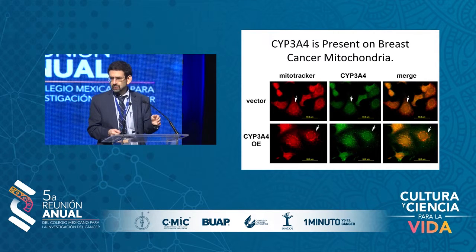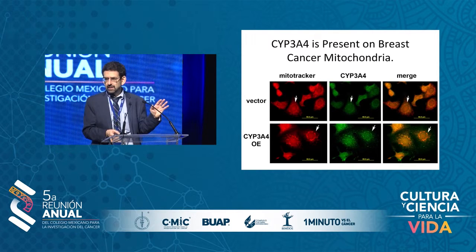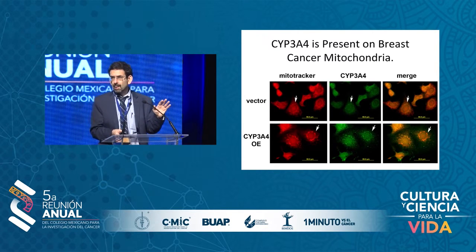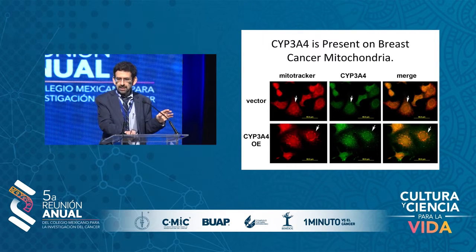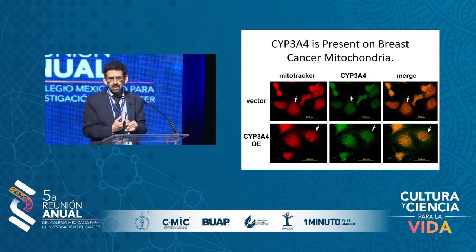And so red plus green, the CYP3A4 makes yellow in the merge. And one of the things that was interesting is that the mitochondria that were positive for CYP3A4 appeared to palisade around the nuclei. And this was an important clue for later studies on nuclear transport.